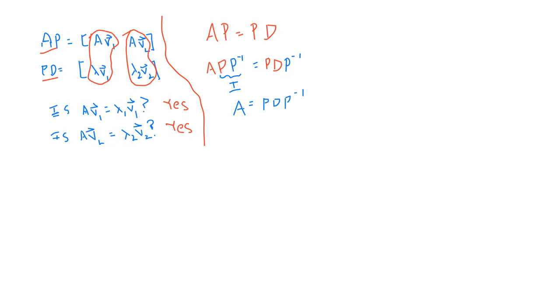Okay, which shows that A is diagonalizable. But it's only diagonalizable if the matrix P consists of columns that are eigenvectors of A, and the matrix D is a diagonal matrix whose diagonal entries are eigenvalues of A. And it has to be in the proper order, too.